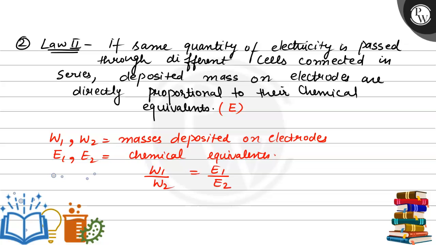So now from the first law, what did we see? From the first law, W is equal to ZCT.